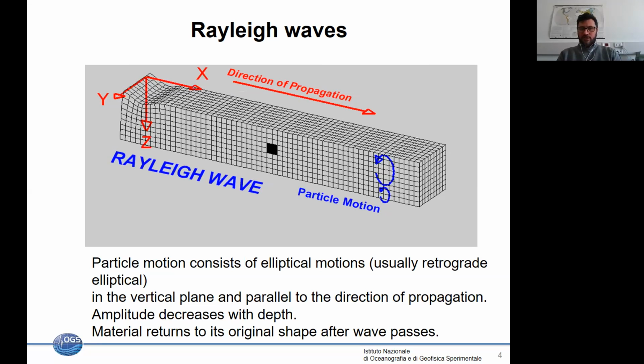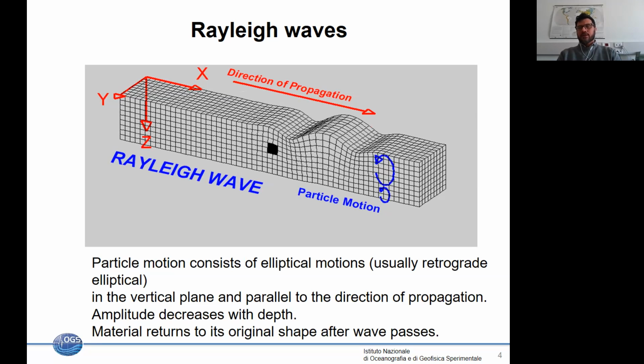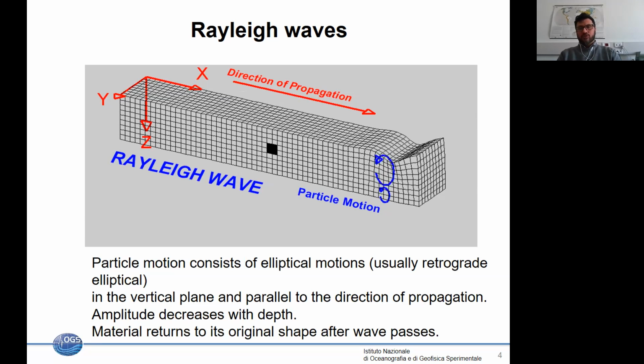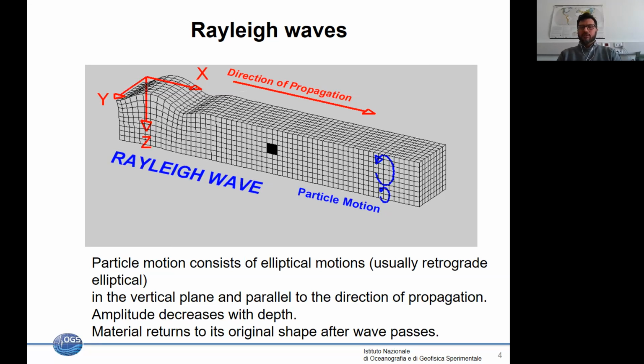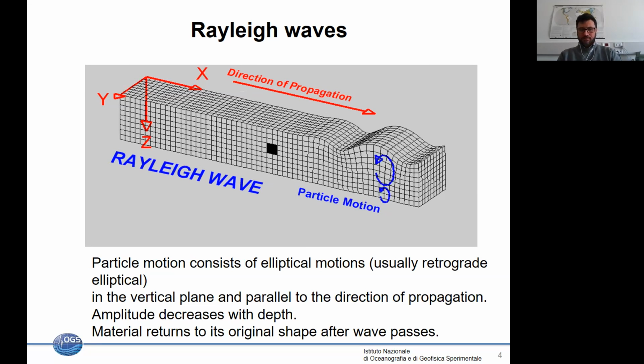An important characteristic of this wave is that it has larger amplitude close to the surface. That's why they're surface waves, with the amplitude of particle motion decreasing with depth.